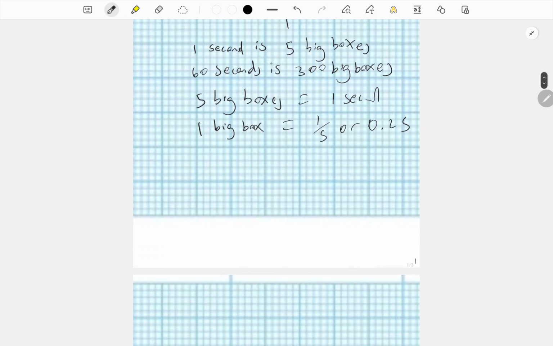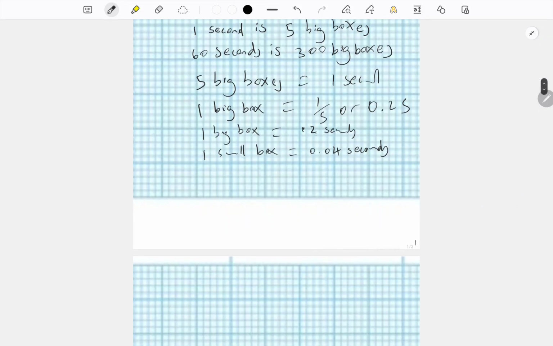So 1 big box equals 0.2 seconds. Therefore, 1 small box equals 0.04 seconds. You just divide that by 5.